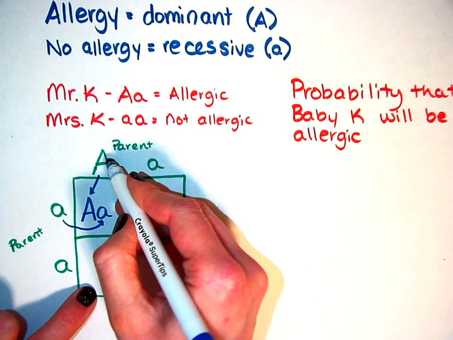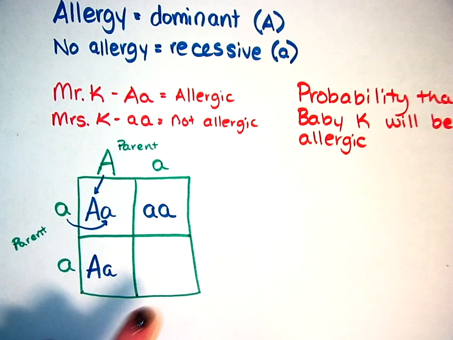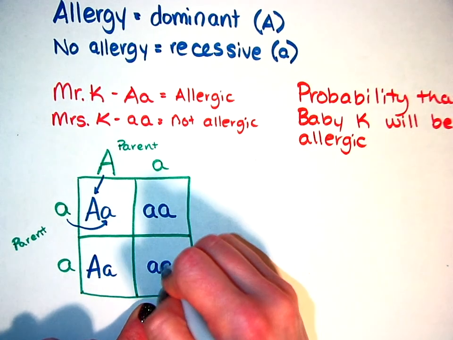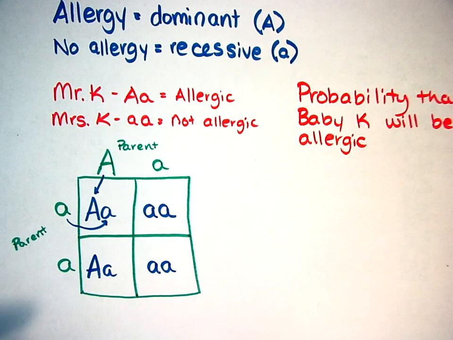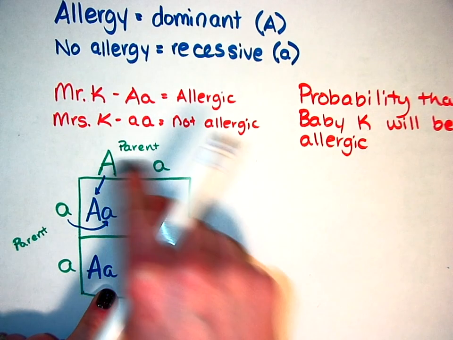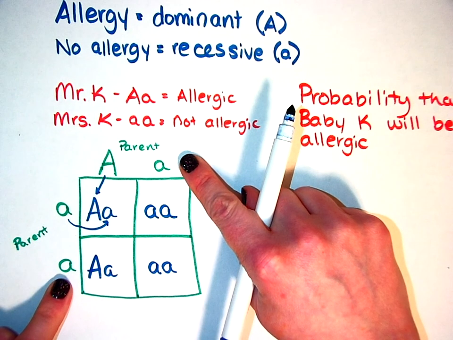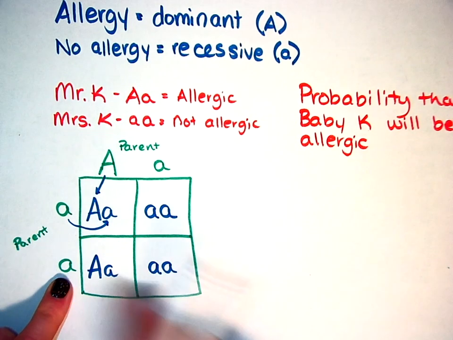In this box, dominant and recessive again. And then in this box, recessive, recessive. Assuming that this trait is only controlled by one gene, and assuming that these are Mr. Kurnit's and my genotypes, these are the possible genotypes for our baby.